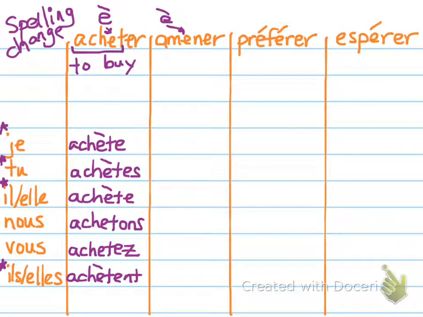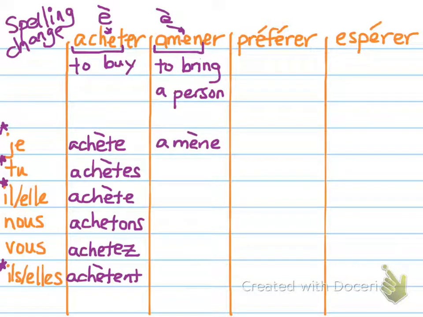Amener means to bring a person. And again, it's going to do the same thing in the boot. Add an E, because here's our stem. And we get the accent. We add an ES and the accent.